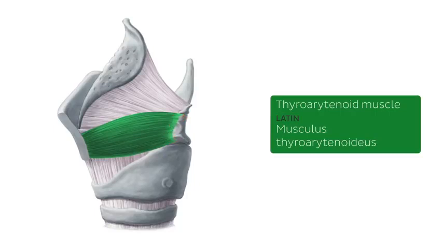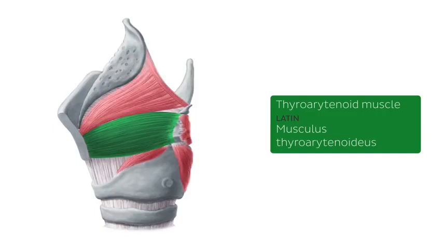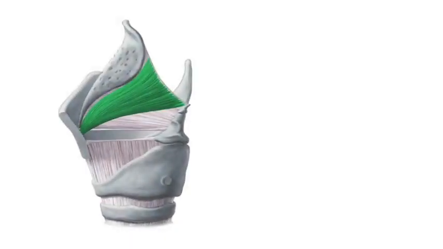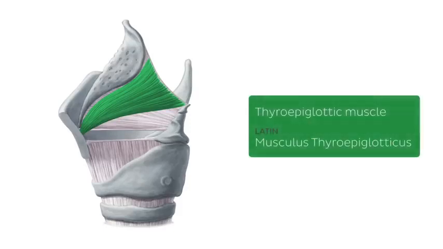Now, another muscle that I want to talk about, before I include all the muscles so you can see the thyroarytenoid muscle in context, is an eighth muscle. It's not included in the list of the seven muscles that I talked about, but I wanted to include it because sometimes it is considered a separate muscle, and it is known as the thyroepiglottic muscle.